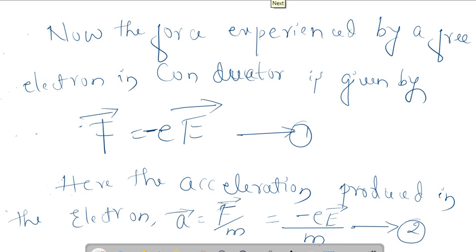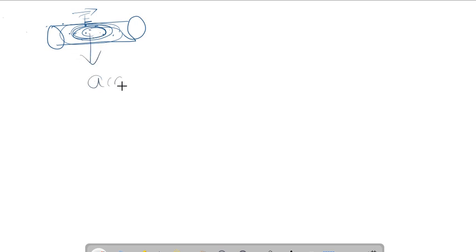The small interval of time between the successive collisions between the electron and the ion in the conductor is called the relaxation time. I told you that in a conductor there are many free electrons. If you apply the electric field, the free electrons present inside that conductor get accelerated and collide.